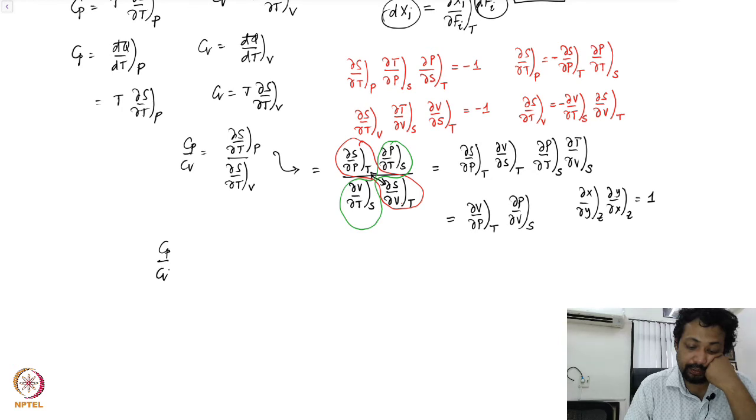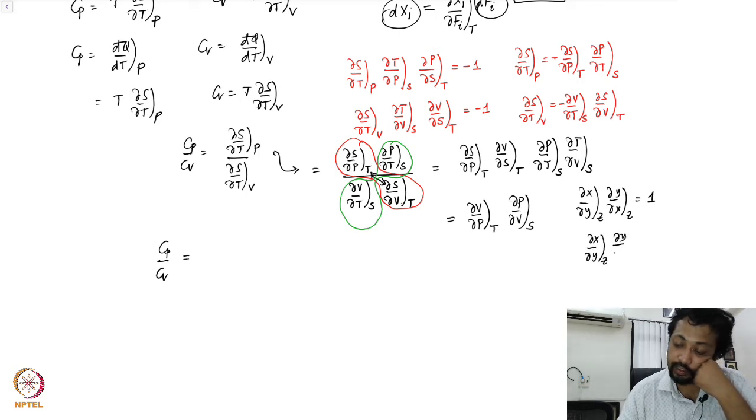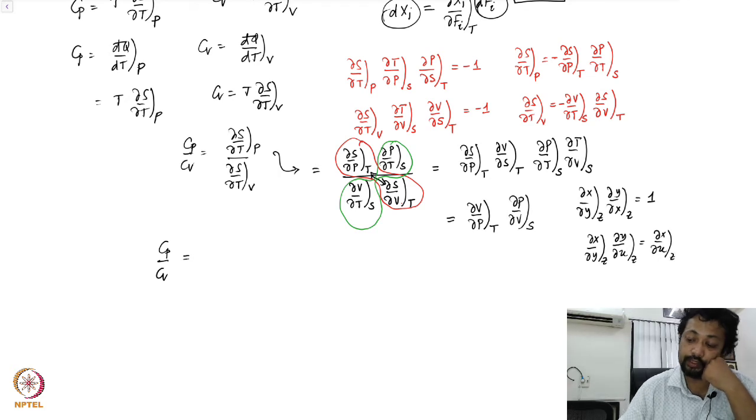Therefore, for Cp and Cv, you can also say that (∂X/∂Y) at constant Z times (∂Y/∂U) at constant Z is actually (∂X/∂U) at constant Z. This is also what we are using over here.